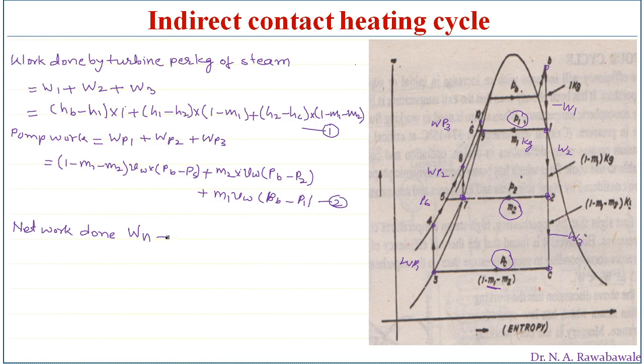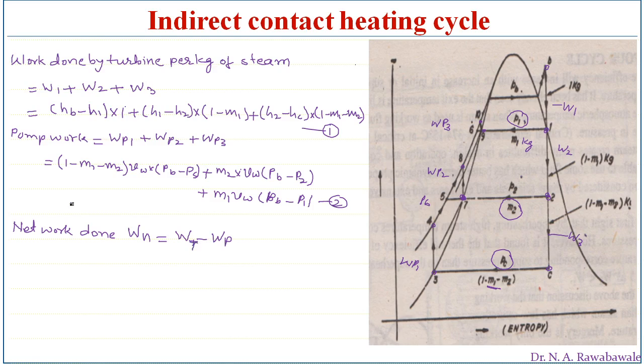So net work is equal to total turbine work minus total pump work, WT minus WP. Net work is nothing but the work produced minus work consumed. Pumps are work consuming devices, the turbine is a work producing device. So the net amount of work that remains is turbine work minus pump work.